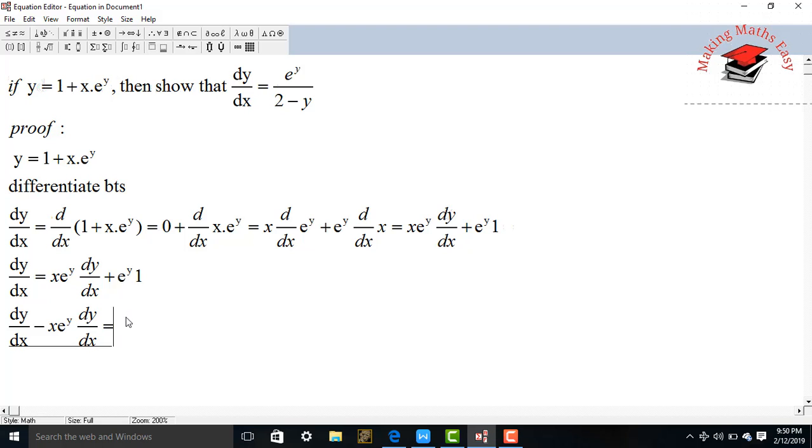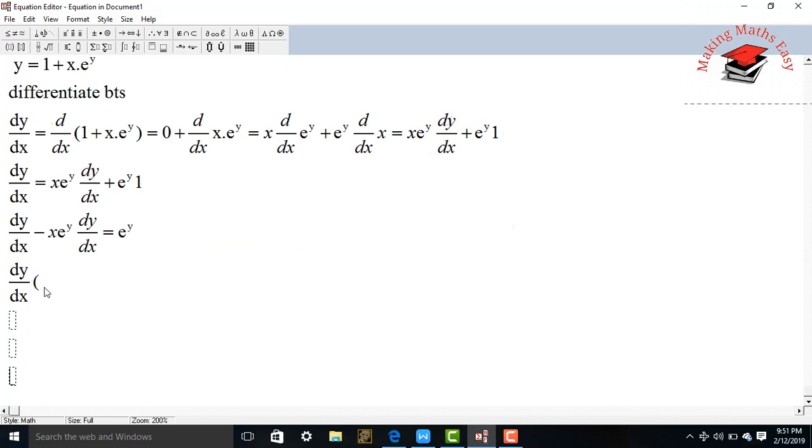Then I will take dy by dx as common, and then it will be equal to 1 minus x e raised to y, and close the bracket, which is equal to e raised to y.